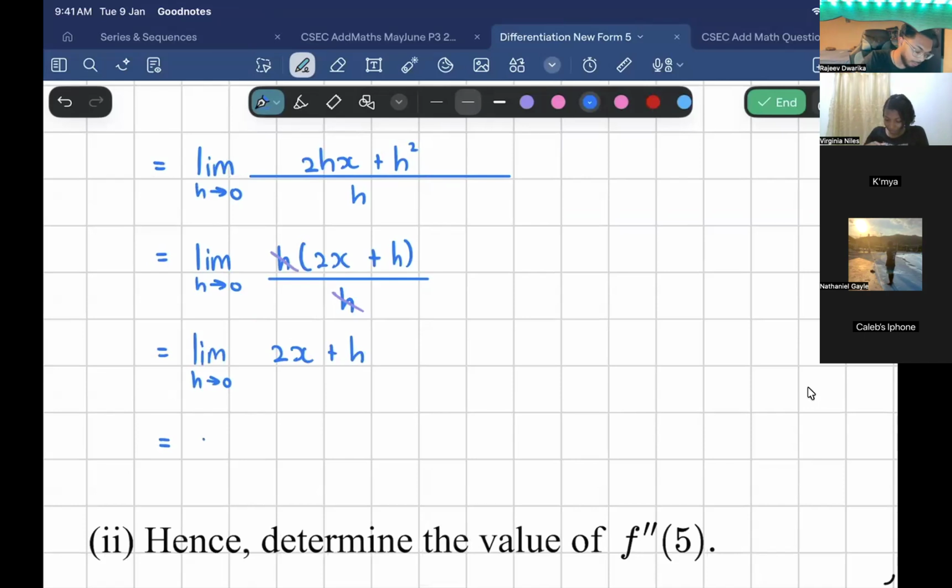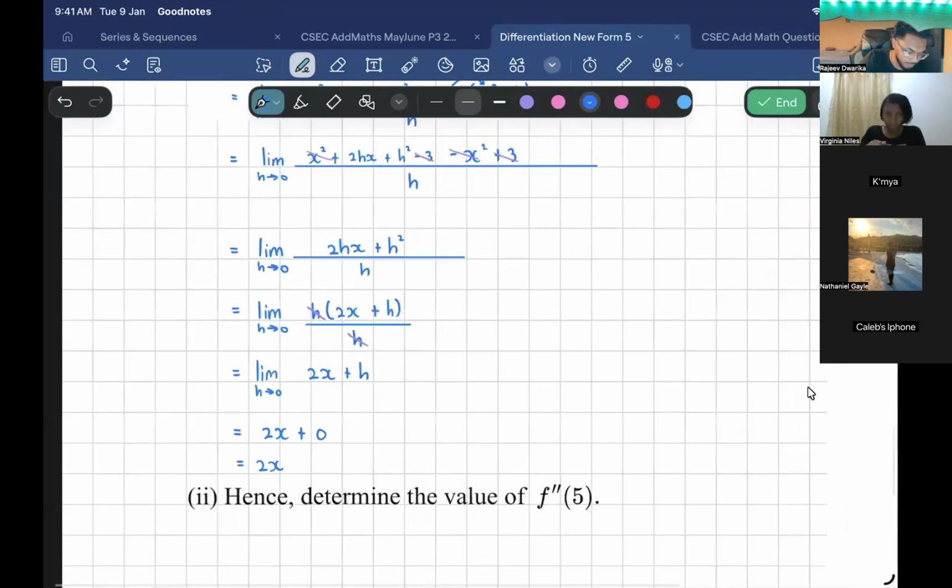So if I do that, I'm going to put 2x plus what? 0. Well, it's 2x. And that's the answer, 2x.